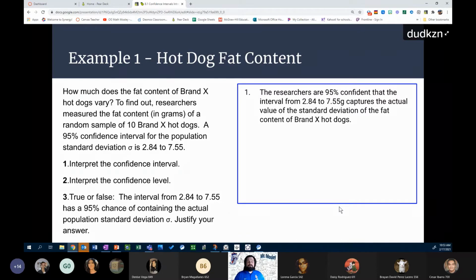We're saying we're 95% confident that the interval captures the actual value, or that the actual value is in our interval, essentially. And we're talking about the standard deviation, that's the point estimator that we're using of the fat content. So we're being very specific about what we're talking about.